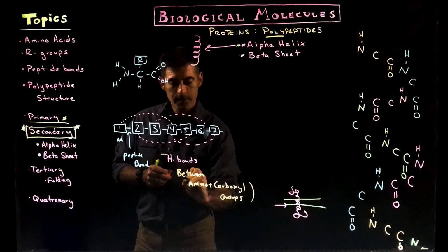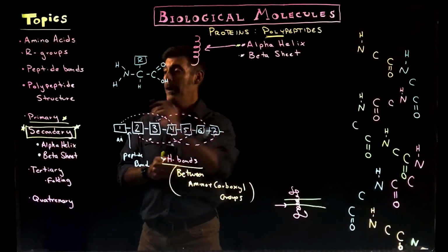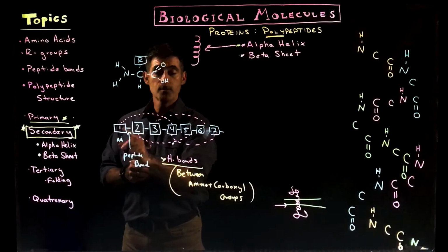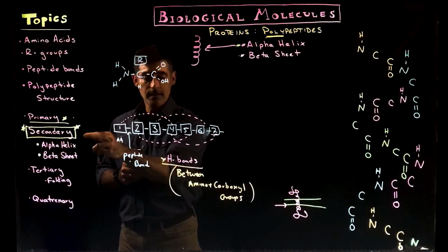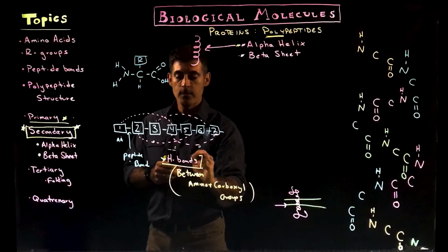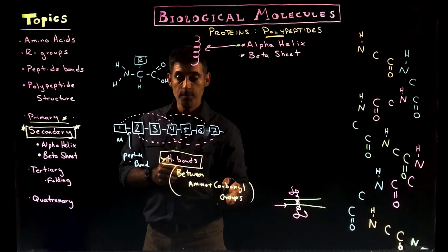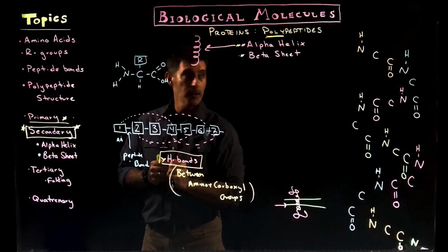That's going to be the key. So for primary structure, we have peptide bonds between amino acids. That's the first level. At the secondary level, we're going to have hydrogen bonds, also between amino and carboxyl groups, but between about every fourth amino and carboxyl group.